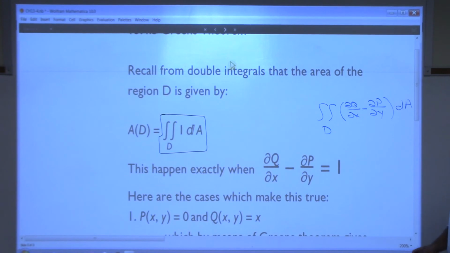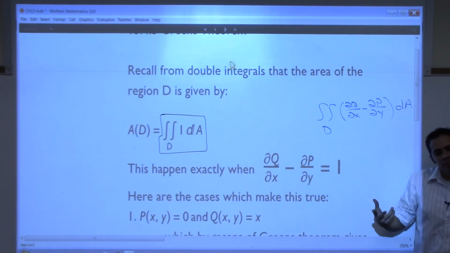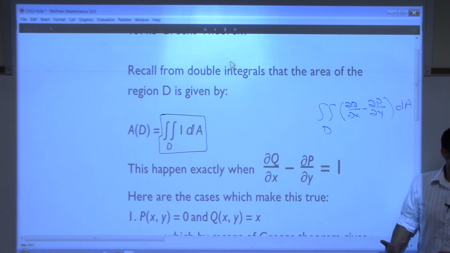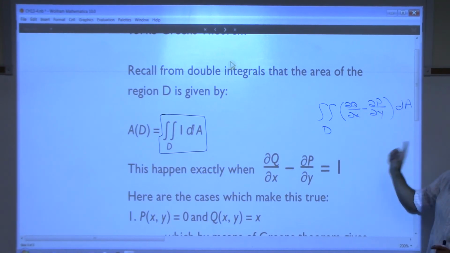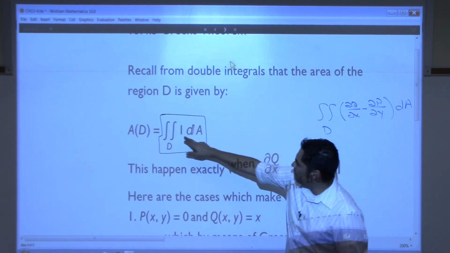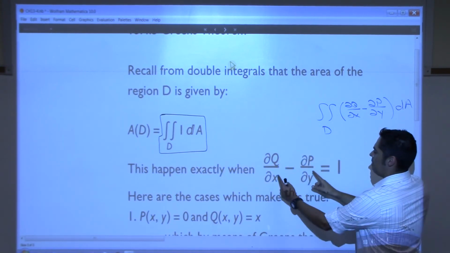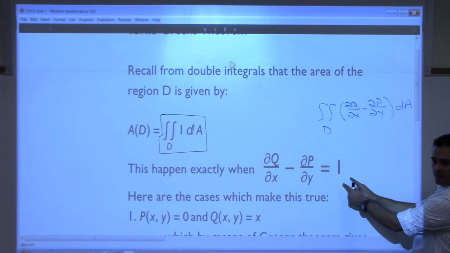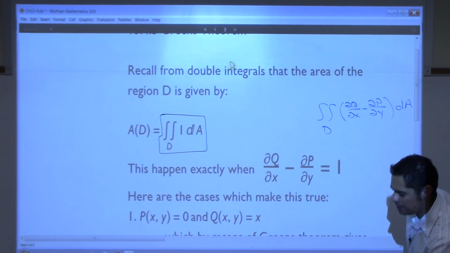Then if this piece right here is 1, then that's the area, right? If that piece in there is a 1. So the question becomes, when would that become 1? Like what would q and p have to be to make this a 1? So this will be a 1 exactly when this piece here is a 1, yeah? So what makes it happen?